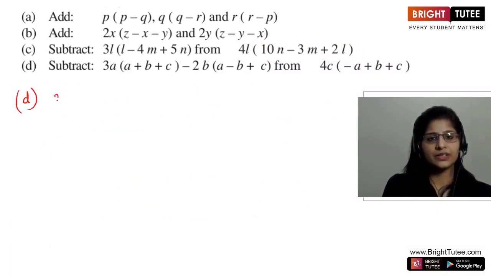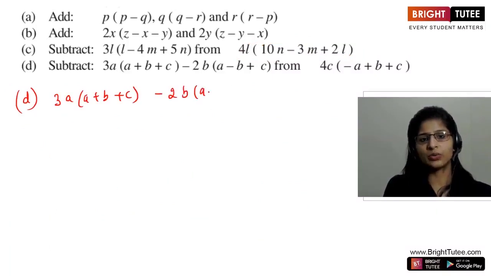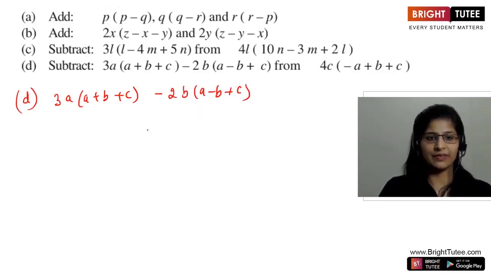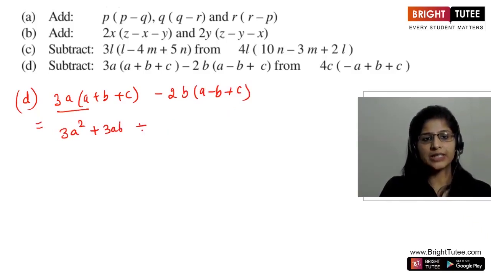So we have 3a(a + b + c) − 2b(a − b + c). First of all, let us simplify that. 3a into a is 3a² plus 3ab plus 3ac. Minus 2b into a is −2ab, minus minus plus 2b², minus plus minus 2bc.